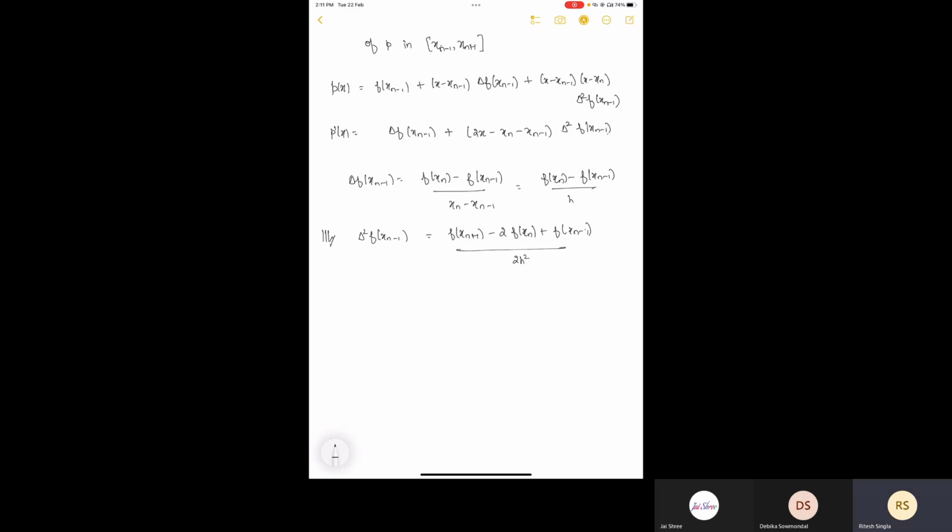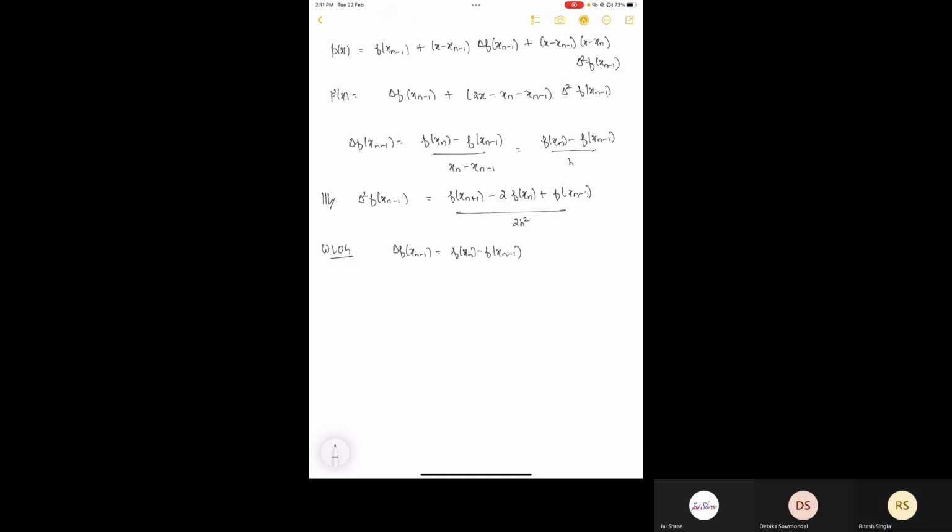And without loss of generality, let me use a new notation now. Delta f of x of n minus 1, I am just writing it to be f of xn minus f of x of n minus 1. Just to make myself clear, and Delta square f of x of n minus 1 to be f of x of n plus 1 minus 2 times f of xn plus f of x of n minus 1.